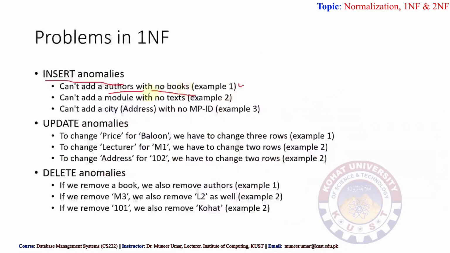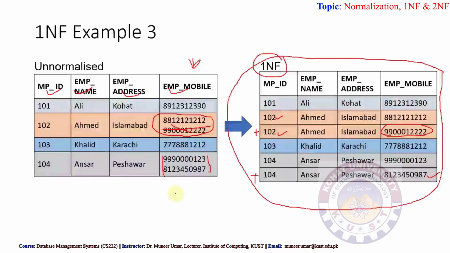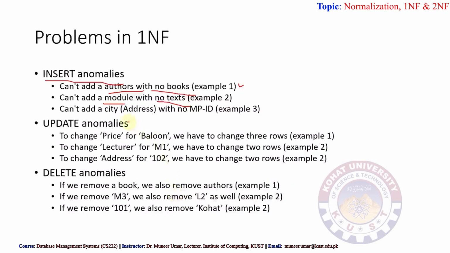And if you look into the second example, we cannot add a module with no text. Here we have some modules, so you cannot add M6, let's say, if there isn't any text, so it is not possible here. And in case of the third example, we cannot add a city, the address, with no employee ID.